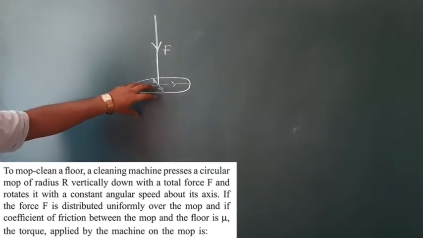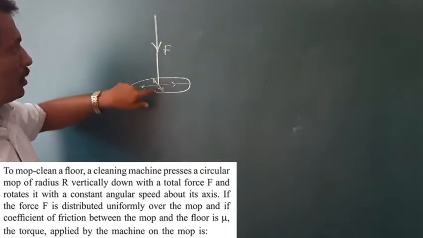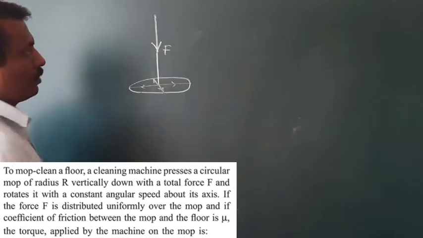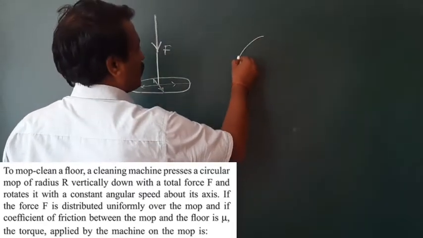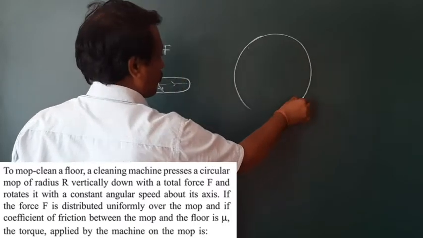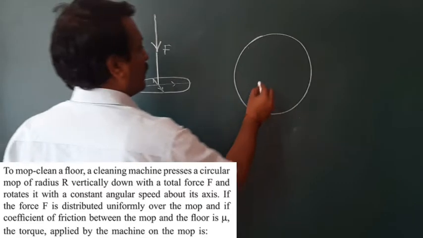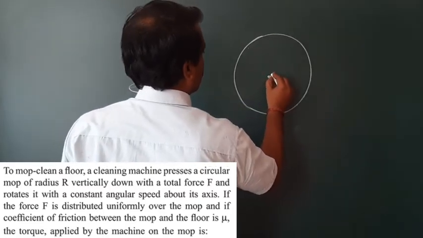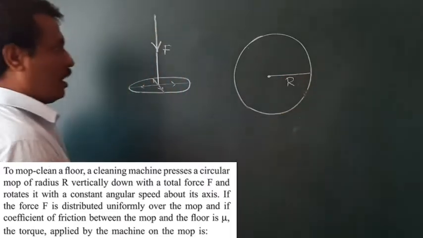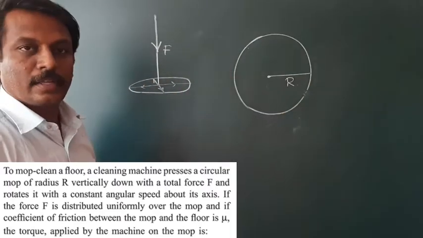I will draw the vertical view of this mop. That means how it looks when we observe from above. It is a circular mop of radius r. Now what is the question? What is the torque acting on this?